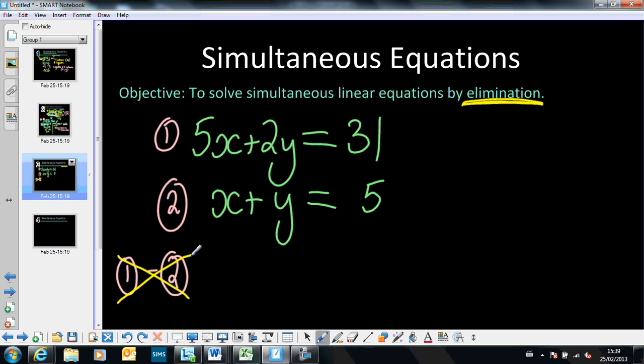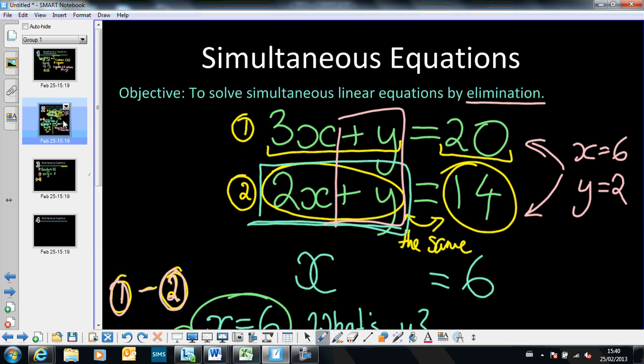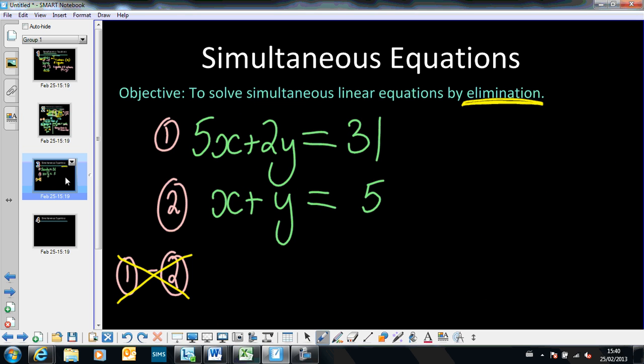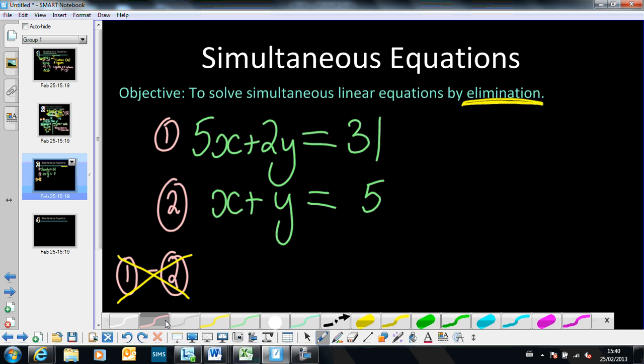I've got to do something to one of the equations so that I get a situation like the one we had before, where I had the same number of y's in both equations. So here's what I'm going to do, because you'll remember, as long as I do the same thing to both sides the equation remains valid.